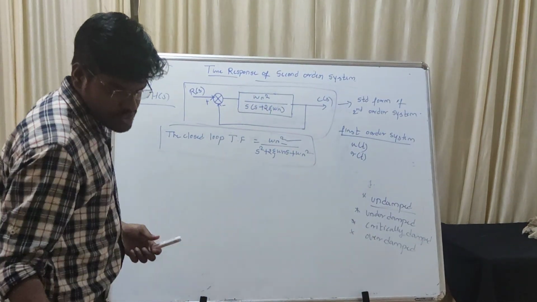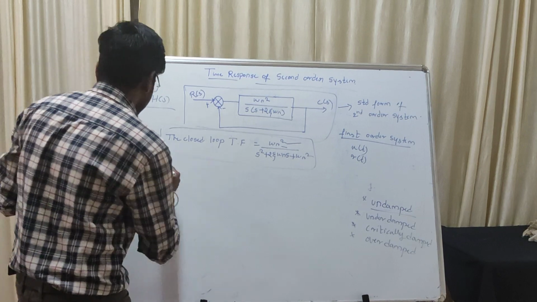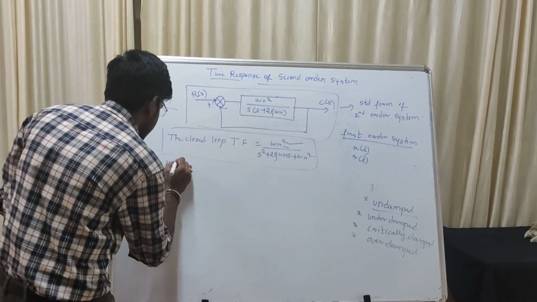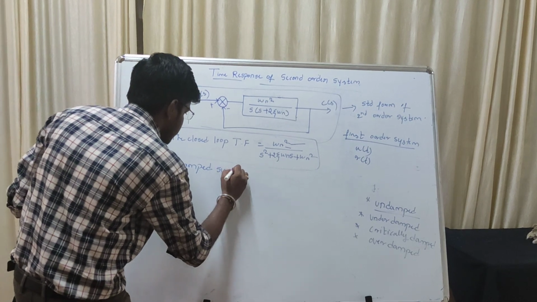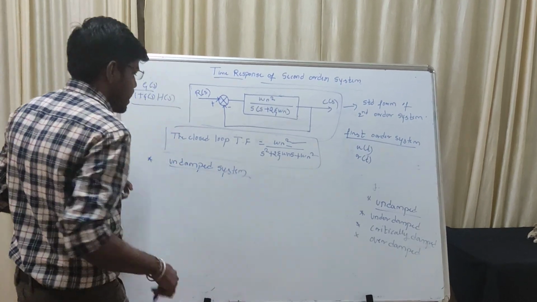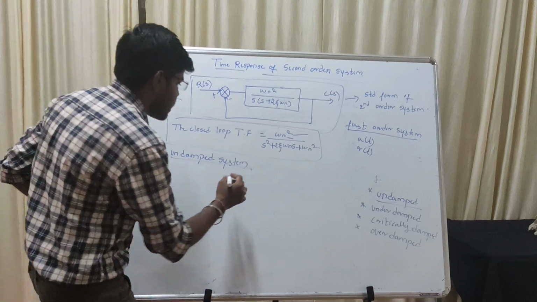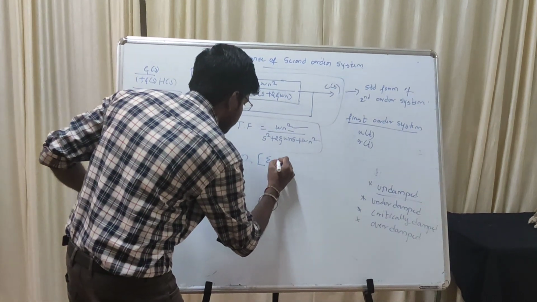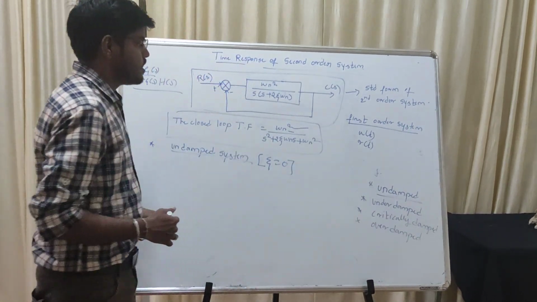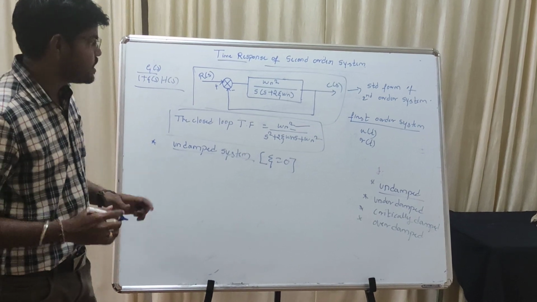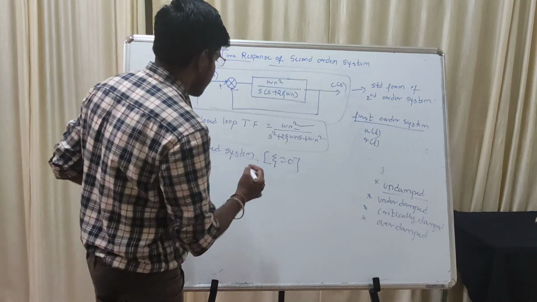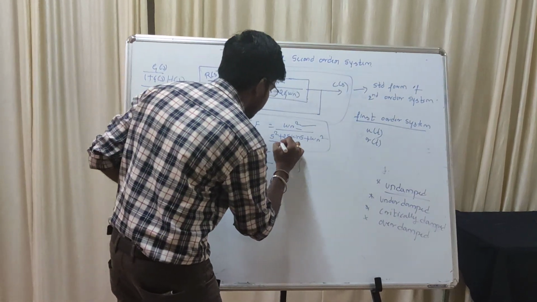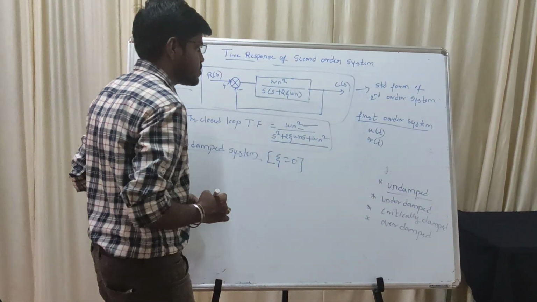In an undamped system, the value of zeta will be 0. In the standard form of the second order system transfer function, we have s square plus 2 zeta omega n into s plus omega n square.